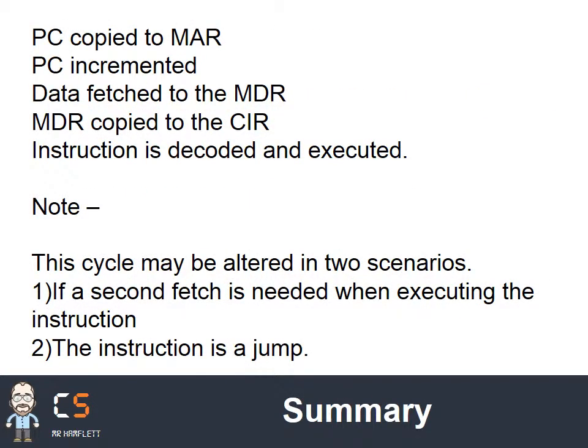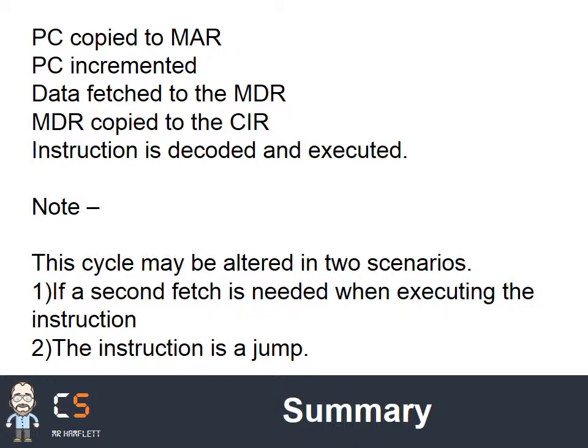So to summarise the FDE cycle, the program counter is copied to the MAR first. The PC is incremented by one instruction. Data is then fetched into the MDR, as an instruction or data, depending on what we're doing at the moment. The MDR is copied to the CIR if it's an instruction, and then the instruction is decoded and executed from the CIR. As one instruction is being decoded and executed, we're always fetching the next.